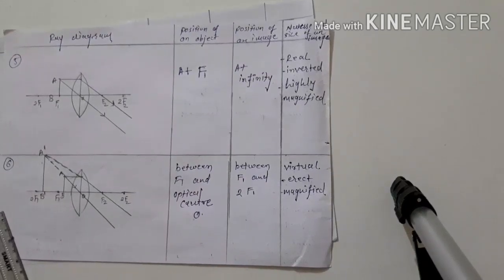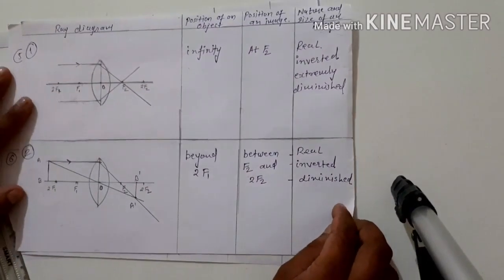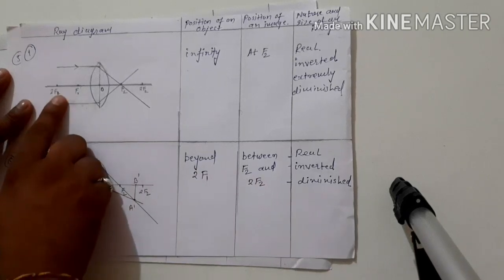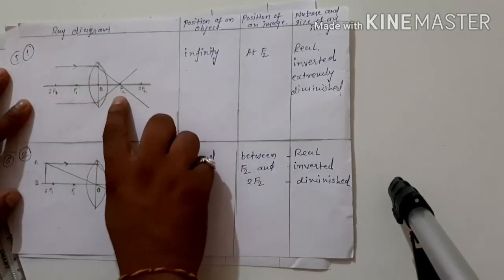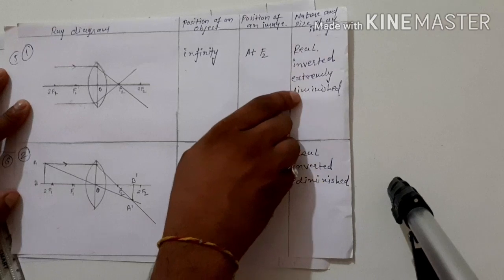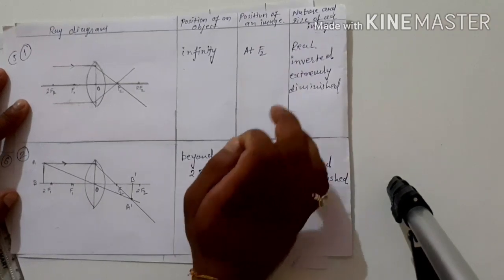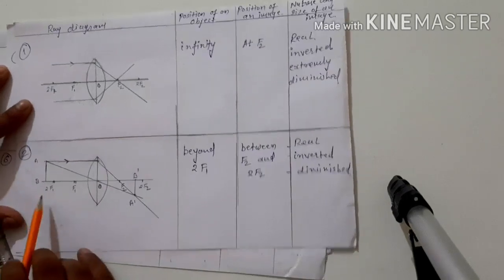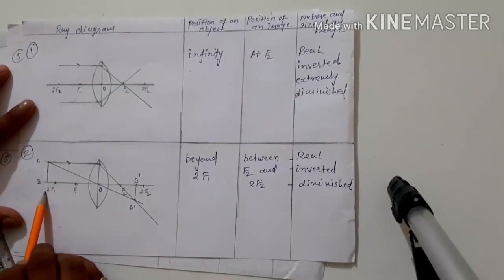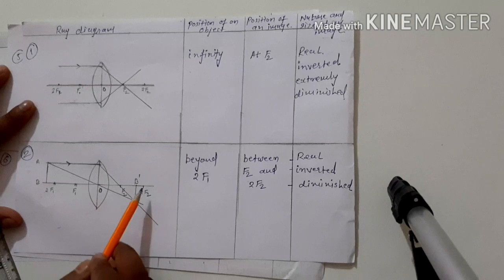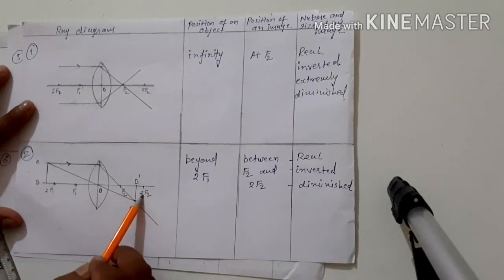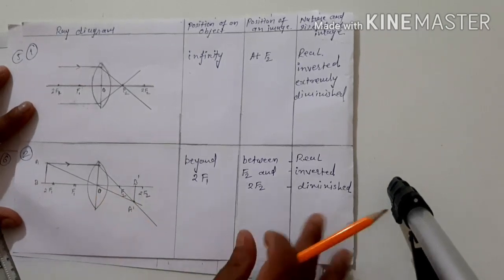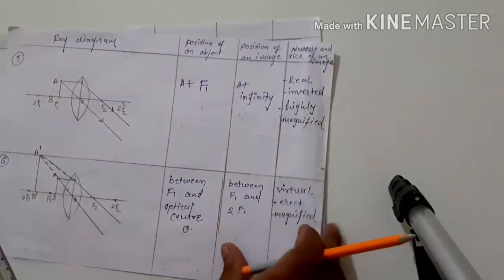Now we can have a quick revision. When the object is at infinity, parallel to the principal axis, we get the image at F2, real, inverted, and extremely diminished, point-like in size. Second, if the object is beyond 2F1, we get the image between F2 and 2F2, real, inverted, and diminished.